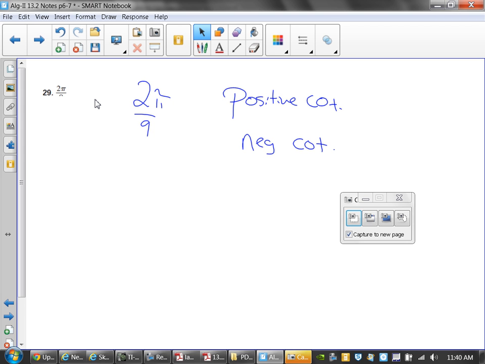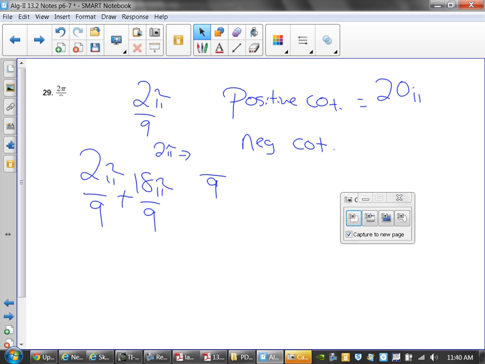But now, since I'm dealing with a fraction, if I want to rewrite 2 pi into a fraction with 9 as a denominator, what would I add it as? 18 pi. I add 18 pi over 9. So the positive coterminal would be 20 pi over 9. What would the negative be?